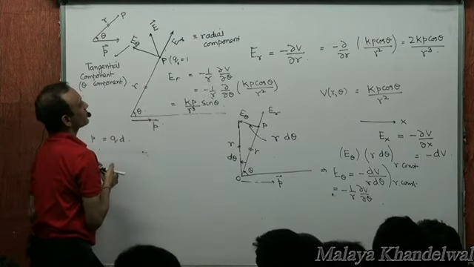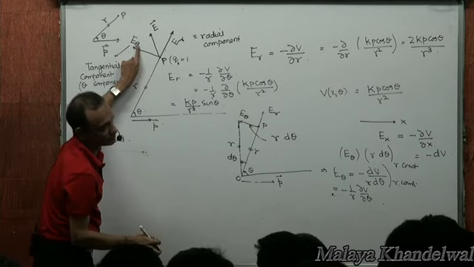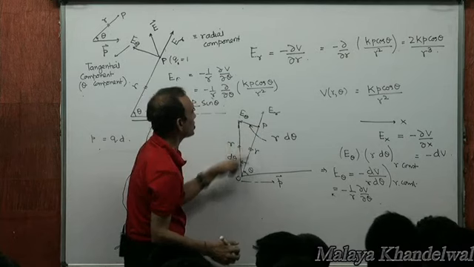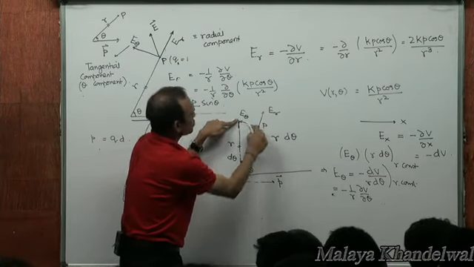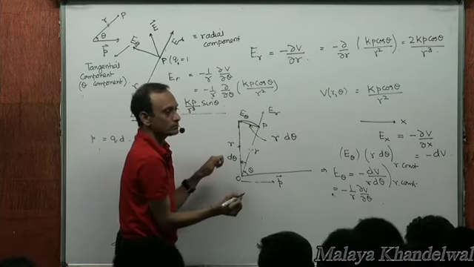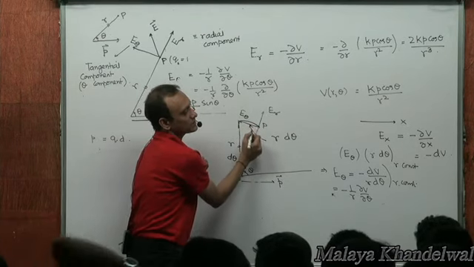What's the force acting on a unit positive charge because of the field? E theta. Now, when I displace by a small amount d theta keeping r constant, then this length is approximately r d theta. This is almost like the arc of a circle.